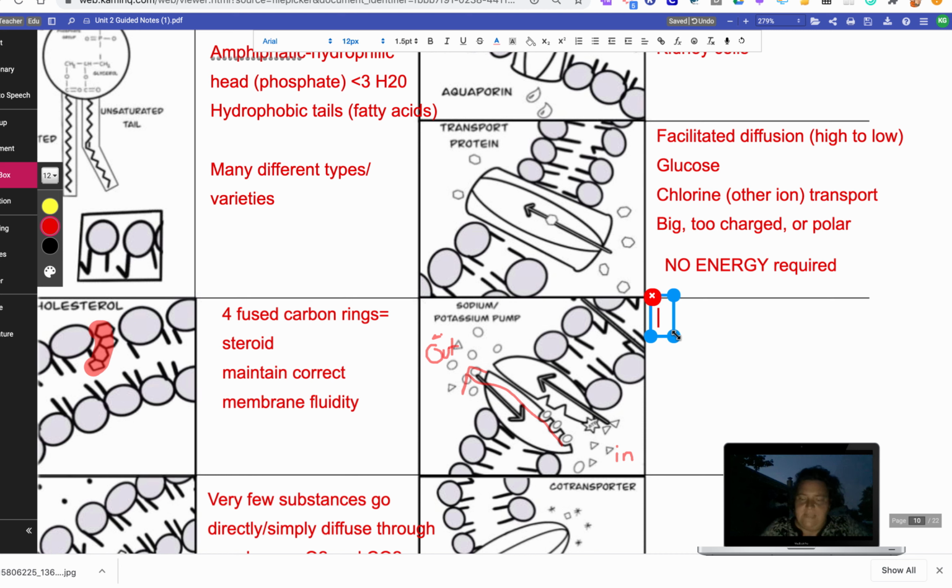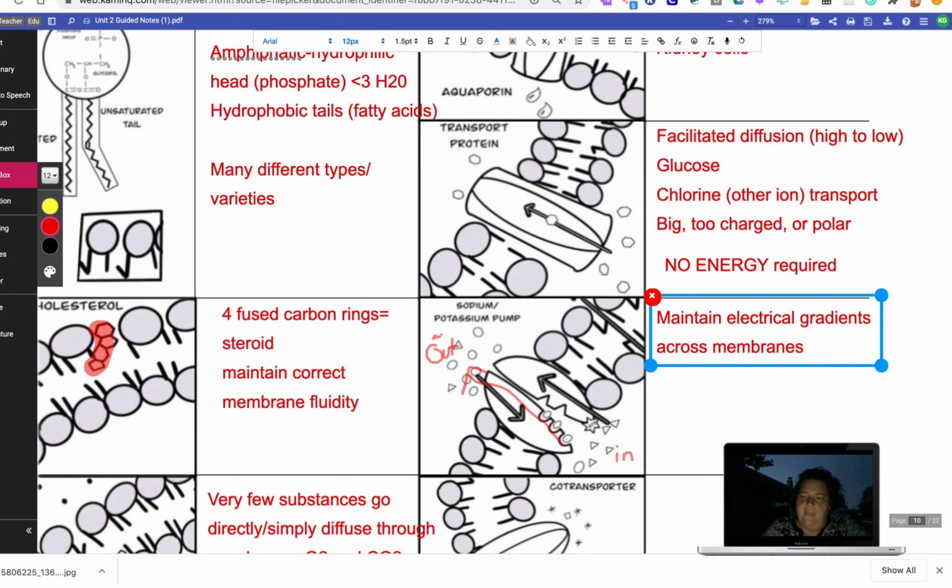All right, the sodium potassium pump is going to be used to maintain electrical gradients across membranes, and that's going to be especially important in muscle and nerve cells.